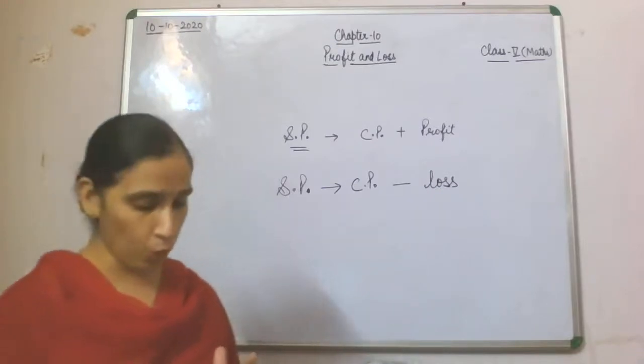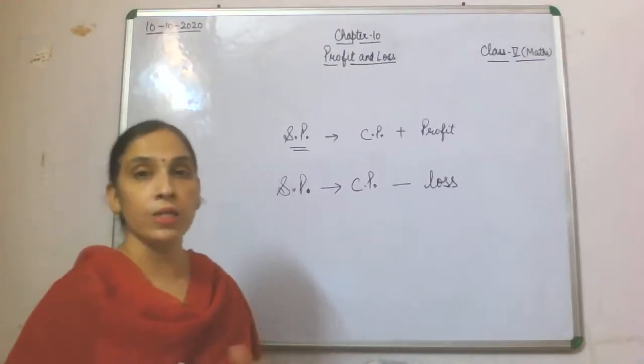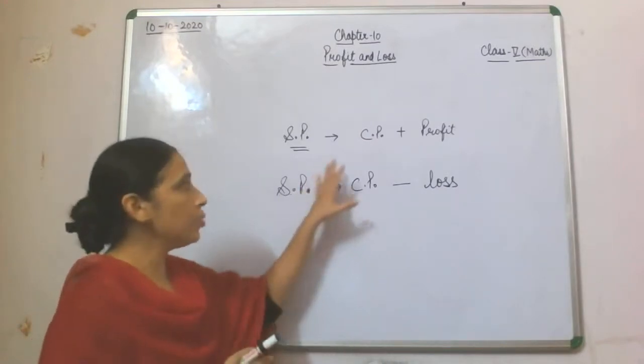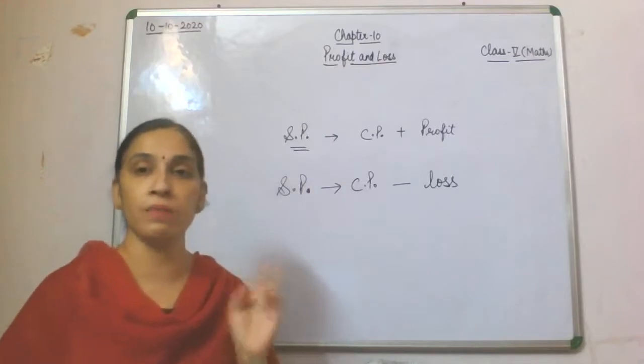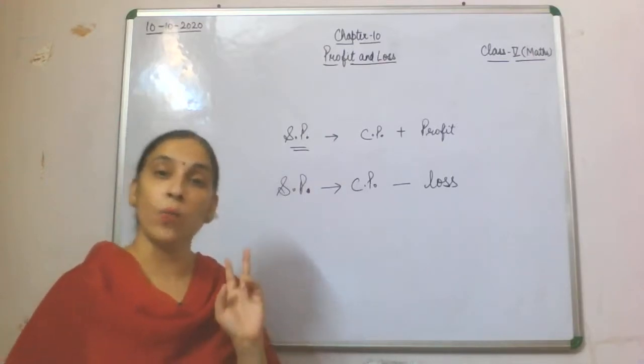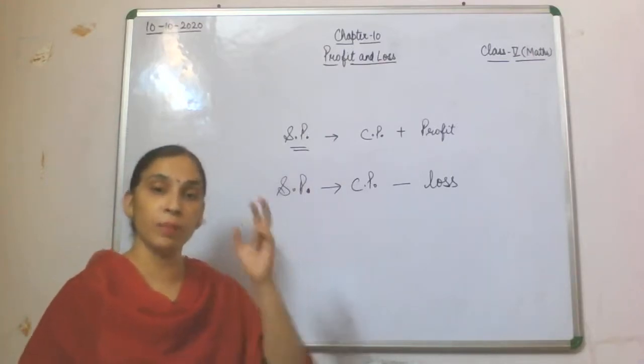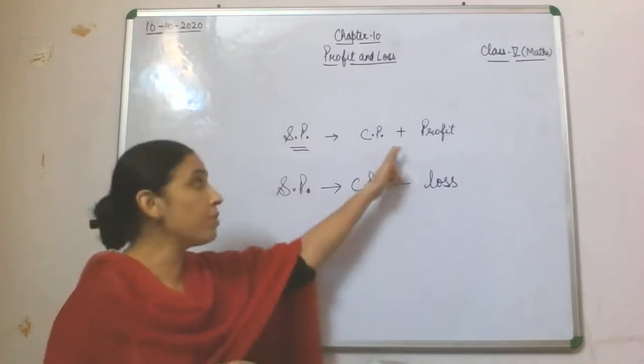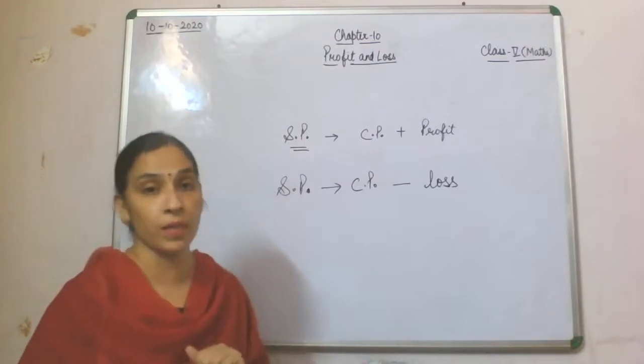Let's see once again. If you have to find the selling price and you have been given the cost price with profit, it means the selling price will be more than the cost price, then profit will be added to the cost price.